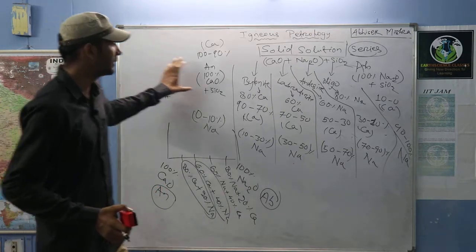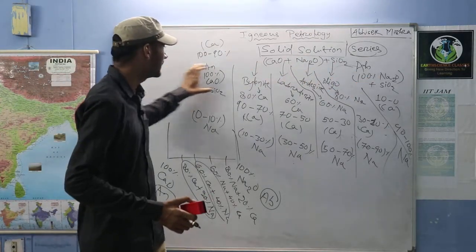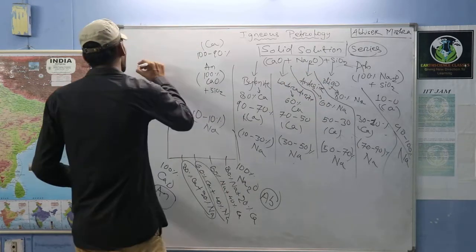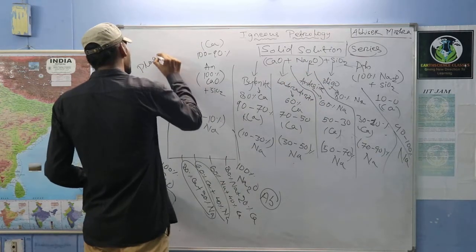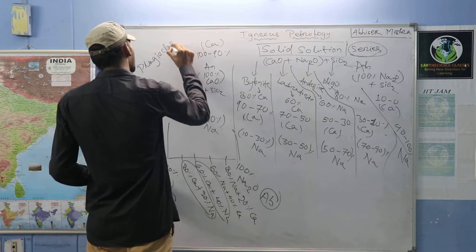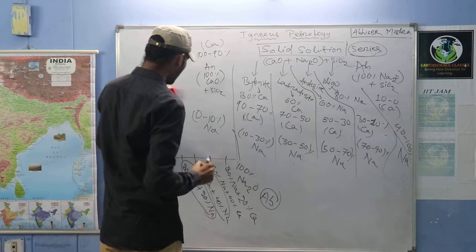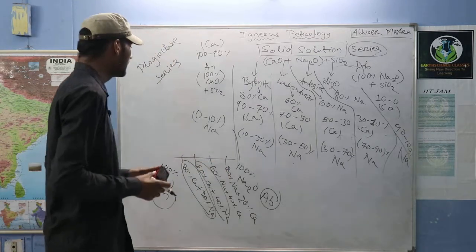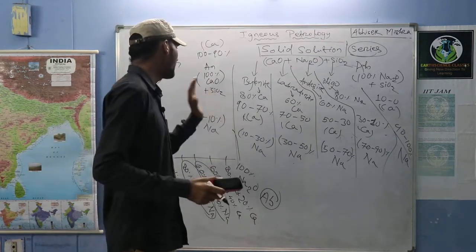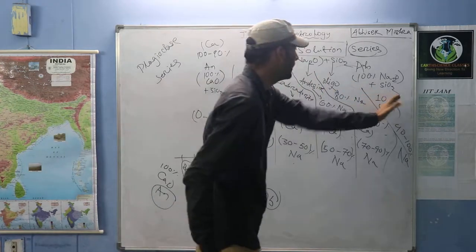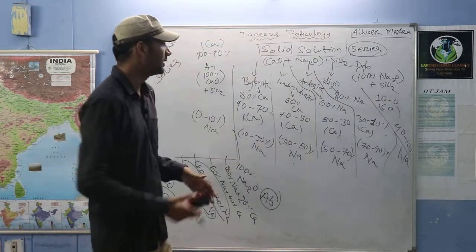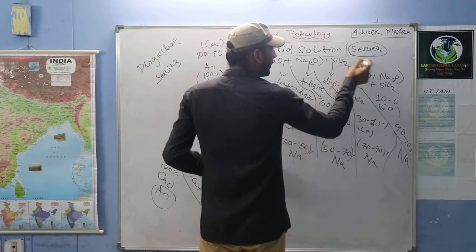These are a series of minerals. These are the series of minerals known as the plagioclase series. Okay, plagioclase series means there is a group of minerals. The end members are anorthite and albite.